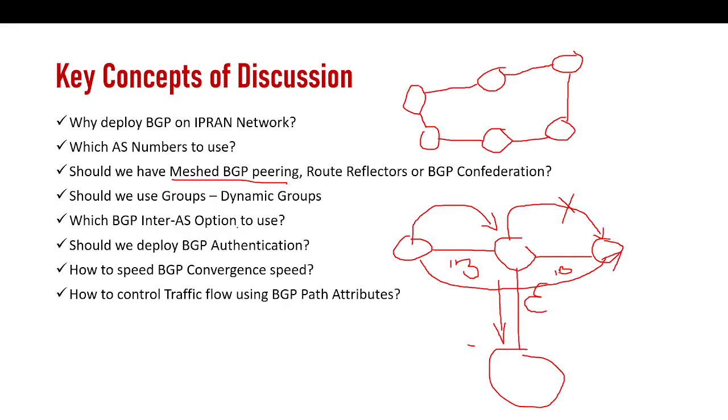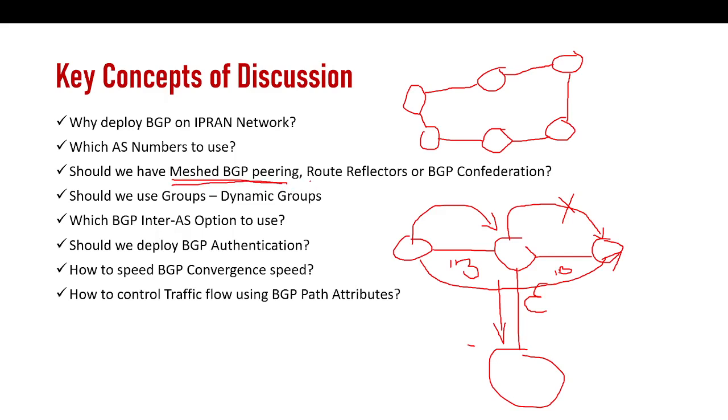You will have to configure so many BGP peering sessions, and there will be many BGP messages that need to be exchanged between different neighbors. So this is never an approach unless you have a smaller network, then you can go ahead and deploy meshed BGP peerings.